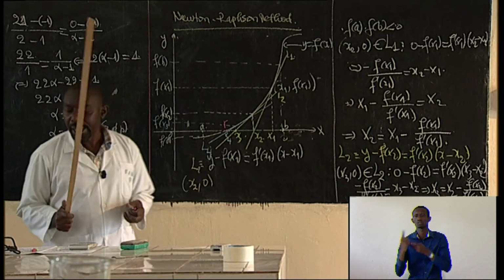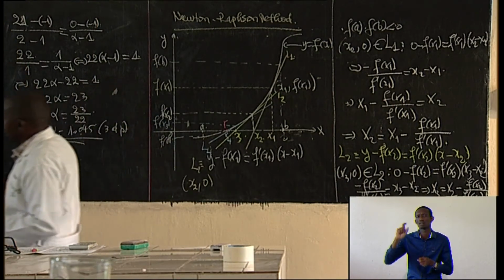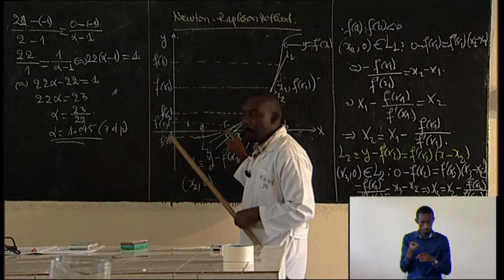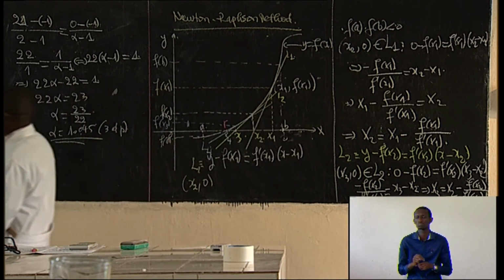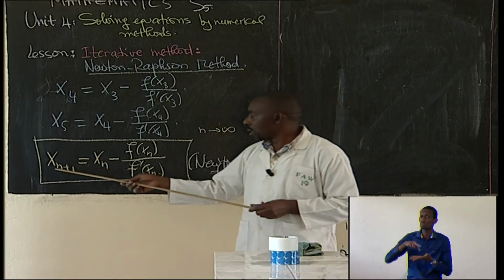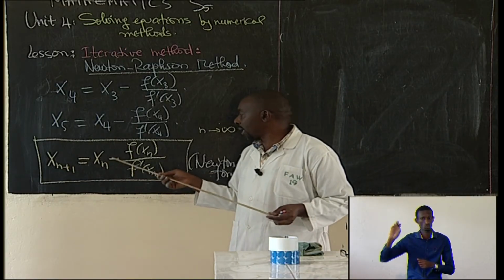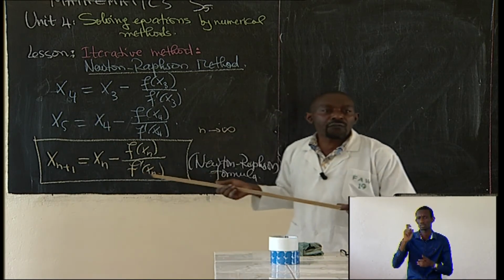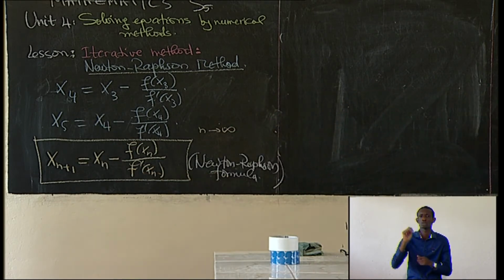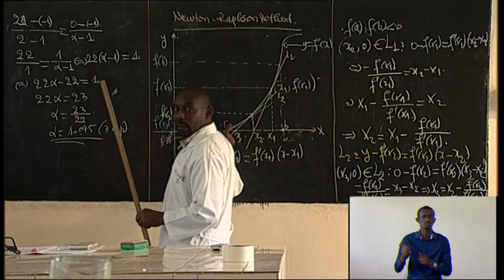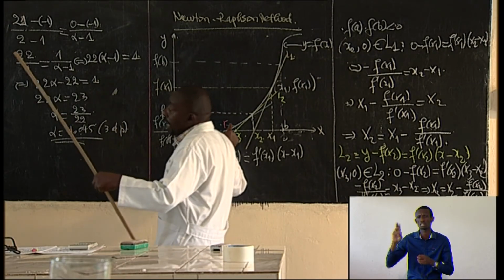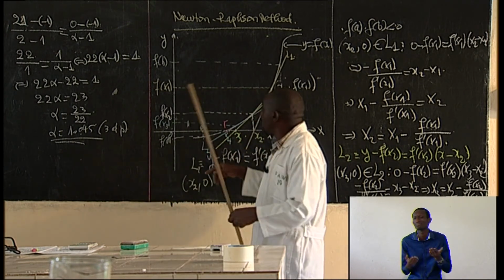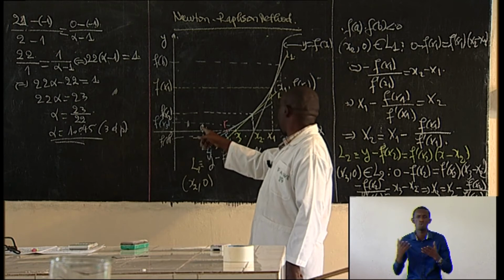As xn approaches this root, the sequence xn plus 1, which is equal to xn minus f of xn divided by f derivative of xn, is converging to our root r, isn't it? It can happen that maybe x3 or x4 is out of my interval a and b.